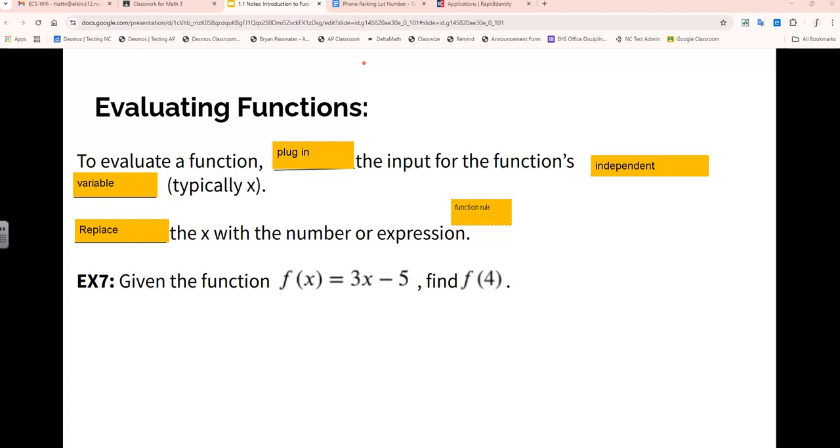So if we have something like example 7, f of x equals 3x minus 5, if it tells us to find f of 4, right? That's what it's asking us for. What is that telling us to do? How would I find f of 4?